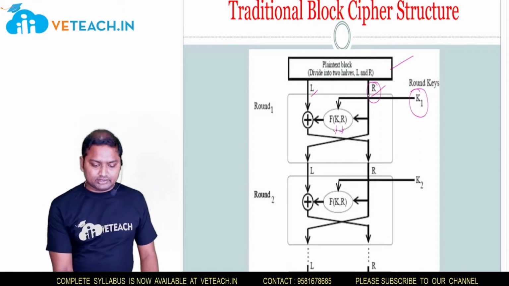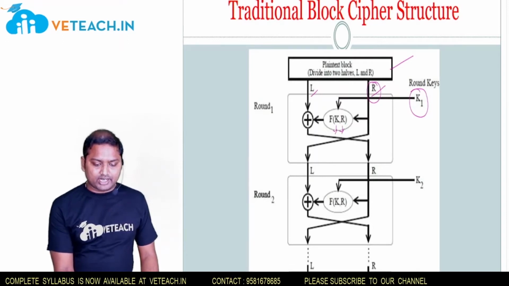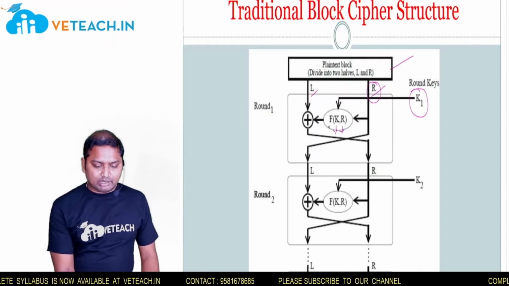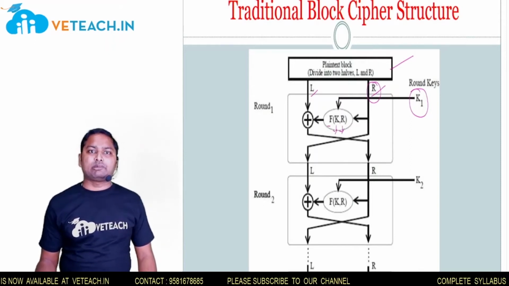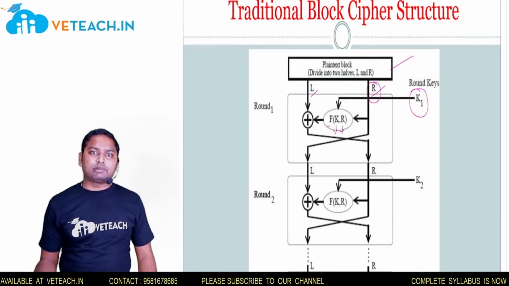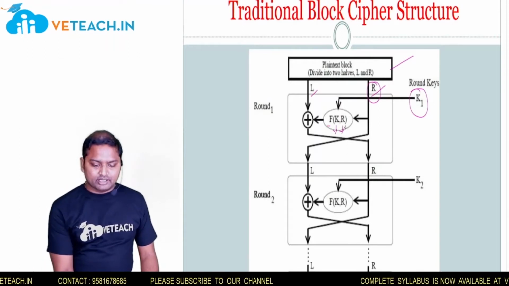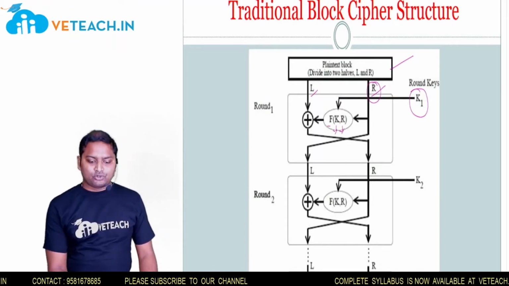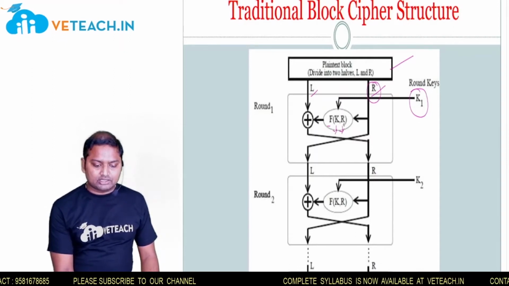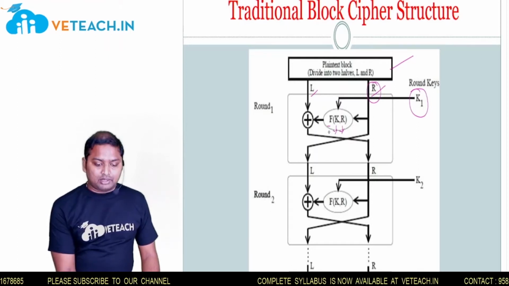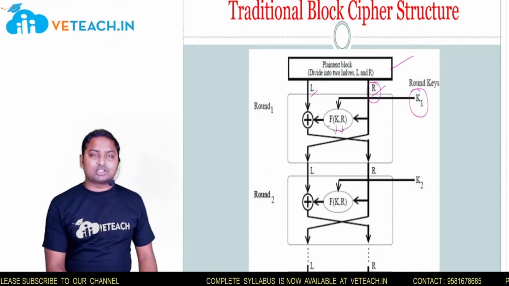Now I take the right side of the plain text, R. Here I use f of K, R, where f is any mathematical function. By using the mathematical function, I take the key value and the right side of the plain text. First I apply the text and the key to this function. Now I apply an XOR operation between the left-hand side text and this function output.